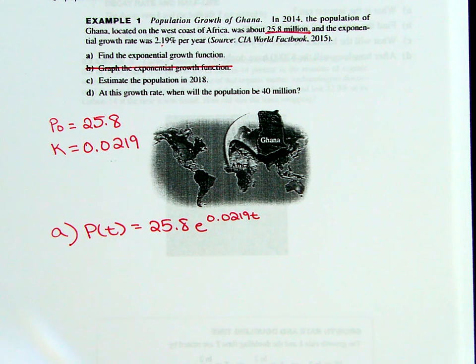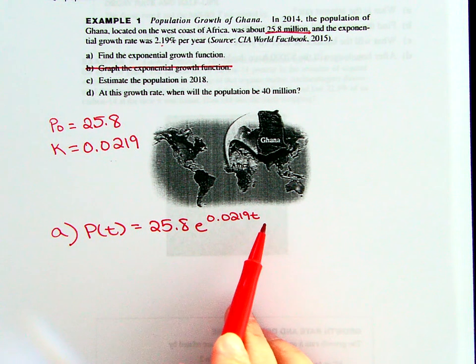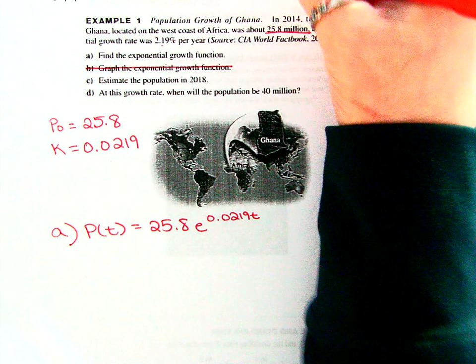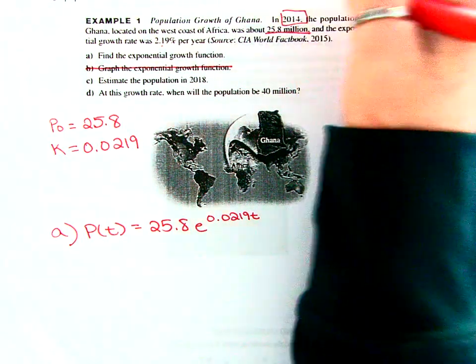Step C is estimating the population in 2018. We're going to use this function that we just came up with, but we need to figure out what t is in 2018. What do you guys think? Yeah, it's 4, because our starting date is 2014.